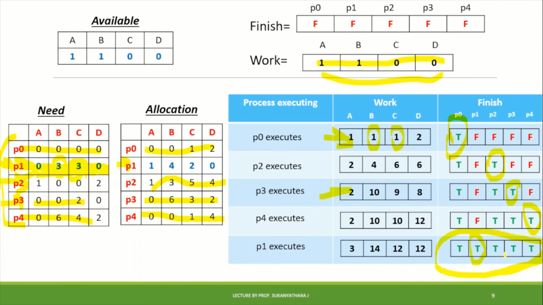So, this is about the banker's algorithm for deadlock avoidance. This algorithm is actually avoiding a deadlock situation. How does it avoid the deadlock situation? When a process requests for resources, it pretends that the resource is granted to that process, and it will check the new state is safe or not.